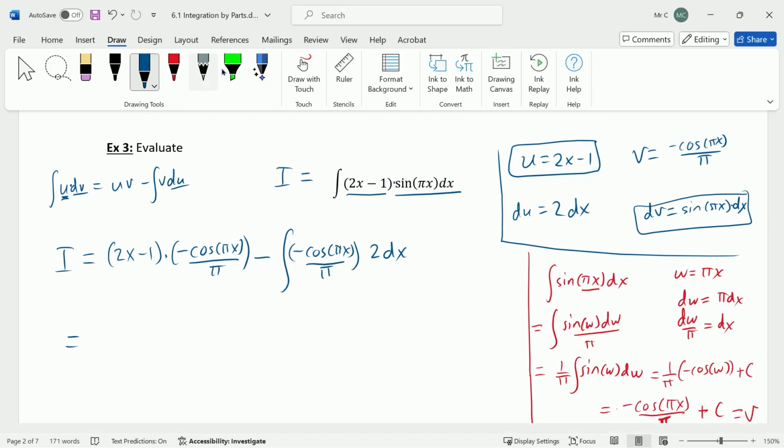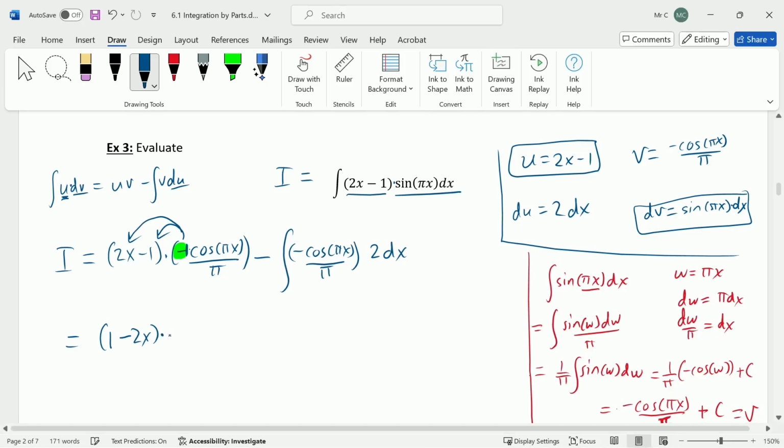I'll take this negative here, and I'll distribute it. So this is really like negative 1 times cosine of pi x over pi. So I can take that negative 1 and distribute it here. And if I do that, the negative 1 that was here becomes positive 1, and the 2x becomes negative 2x.